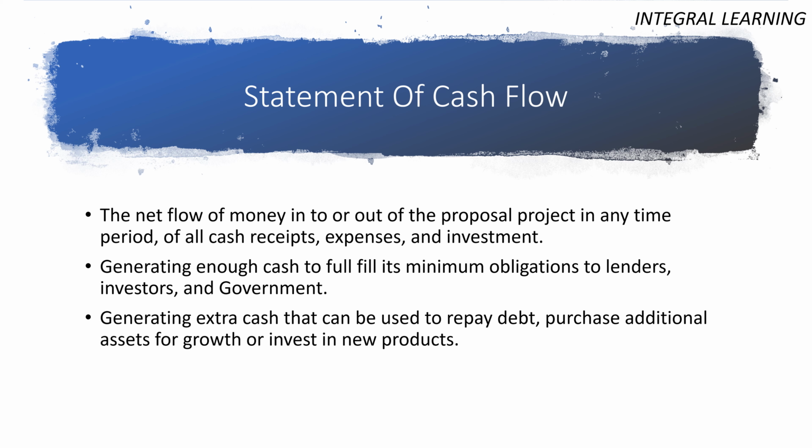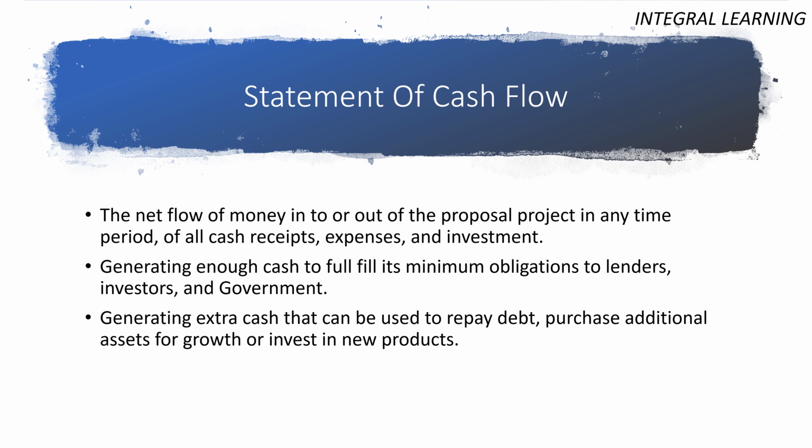Next one is statement of cash flow. A financial statement showing the flow of cash and its timings into and out of an organization is called statement of cash flow. The statement of cash flow shows the sources of a company's cash flow, and how these cash flows are used. The net flow of money into or out of the proposed project in any time period of all cash receipts, expenses, and investment.